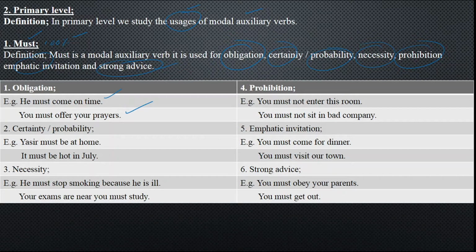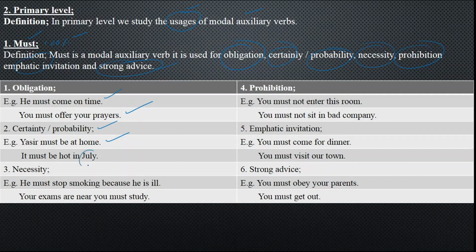Certainty and probability. Now, what is certainty and probability? That is certain and confirmed. Yasir must be at home. Why? Because it is certain and confirmed that as I was coming, he was at home. He said to me that he is here and will not go anywhere. So we are certain that Yasir must be at home. And it must be hot in July.